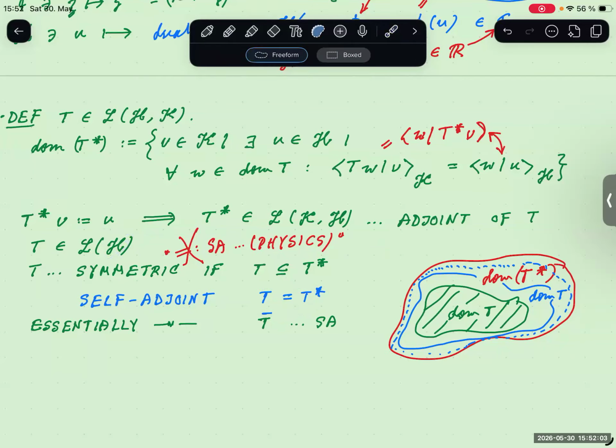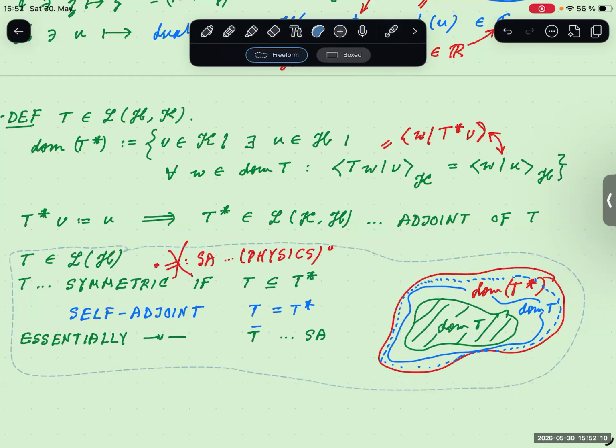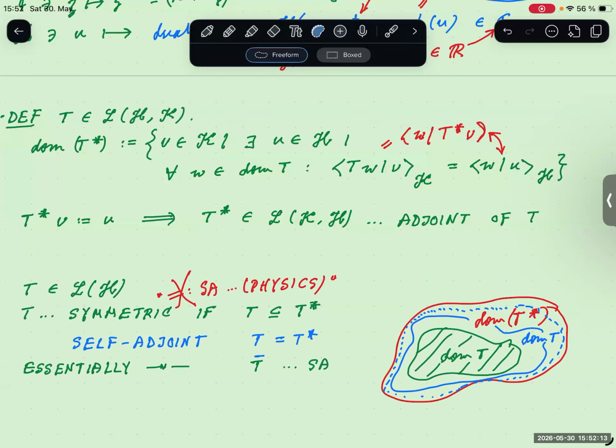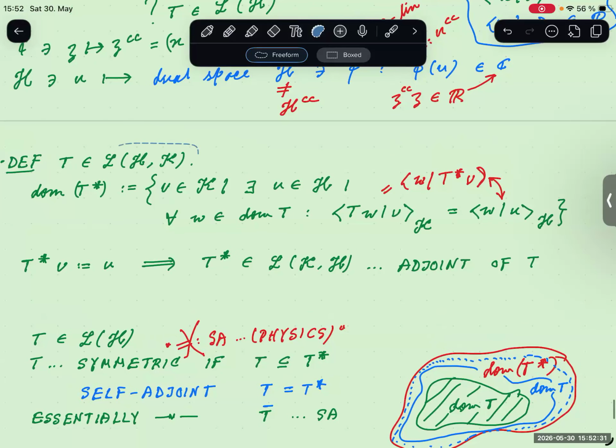Okay, maybe I make a gap so that it is even visible. Clear now? Ah, you mean here? This part? Okay. Yeah, sure.